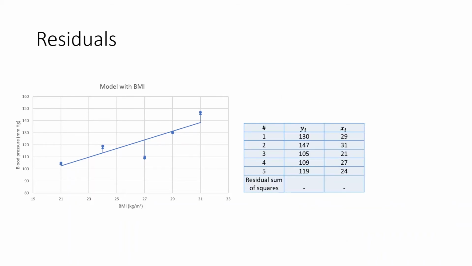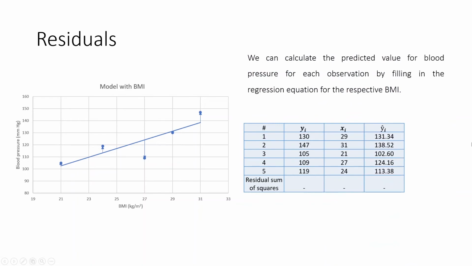So here we have the model again, and I have added the values. The first thing that we're going to do is for each of those observations, we're going to estimate their blood pressure based on their BMI. So what you can see here is that we had person 1, which has a BMI of 29. Their observed blood pressure was 130, and based on our model, we estimate that blood pressure to be 131.34.